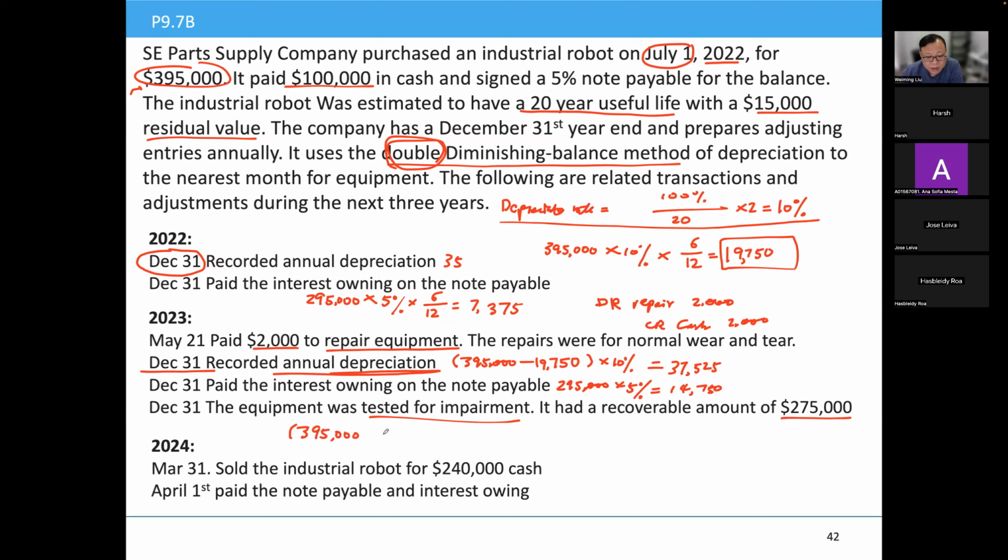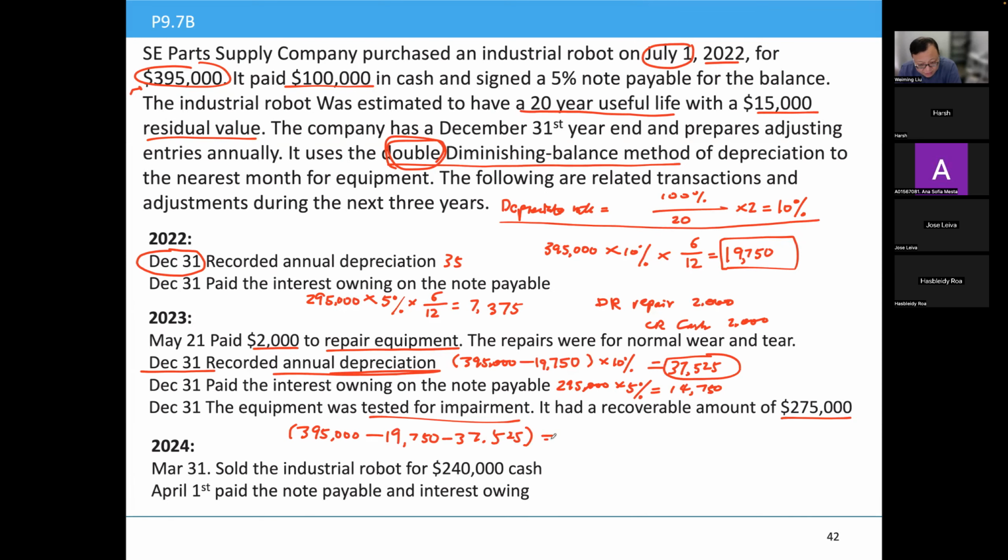That's the equipment. The first year, you have a depreciation of 19,750. The second year, you have a depreciation of 37,525. Okay, so this gives me the carrying amount as of December 31st, 2023.